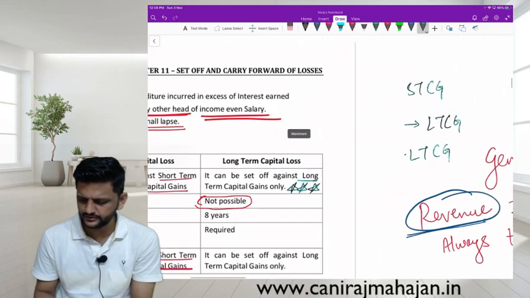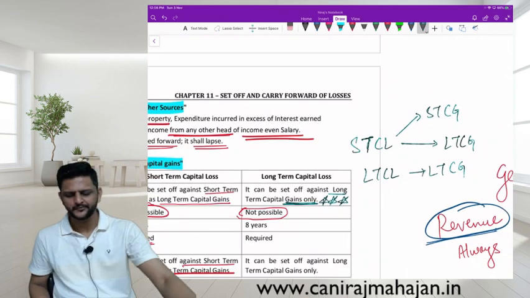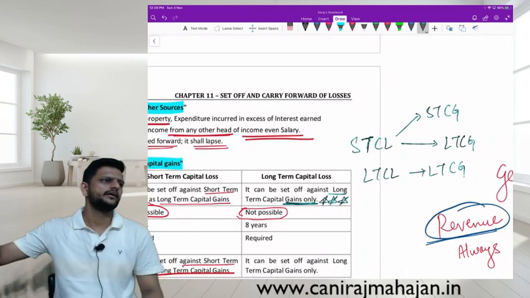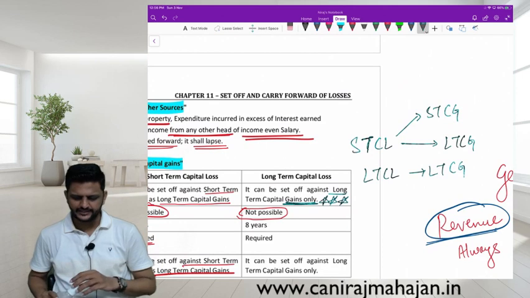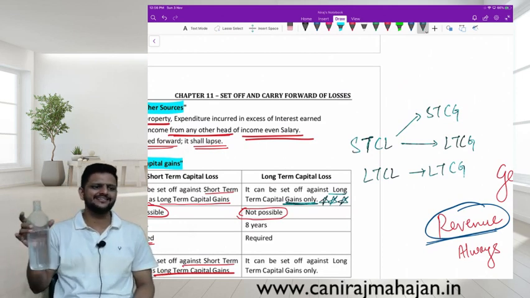You may write this down in the textbook or anywhere you have space. STCL can go to STCG or LTCG, but LTCL can go to only LTCG.